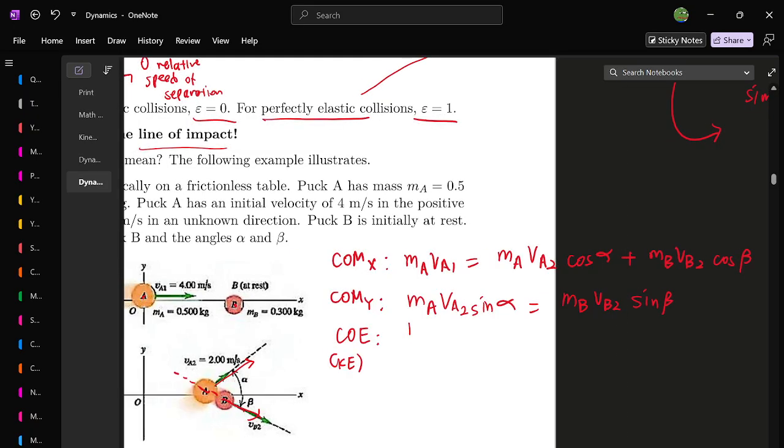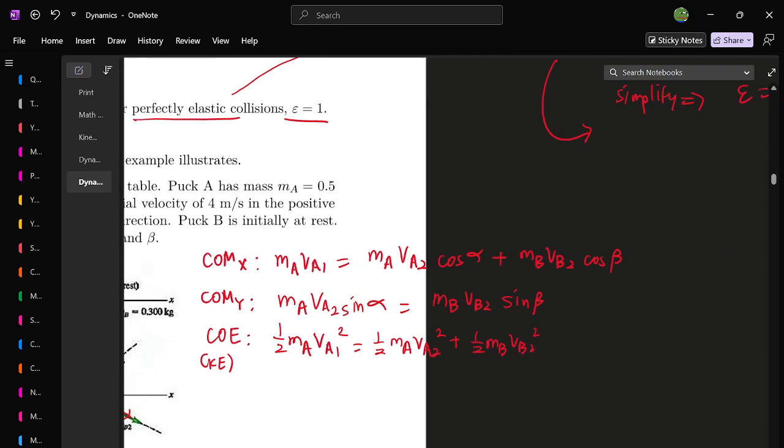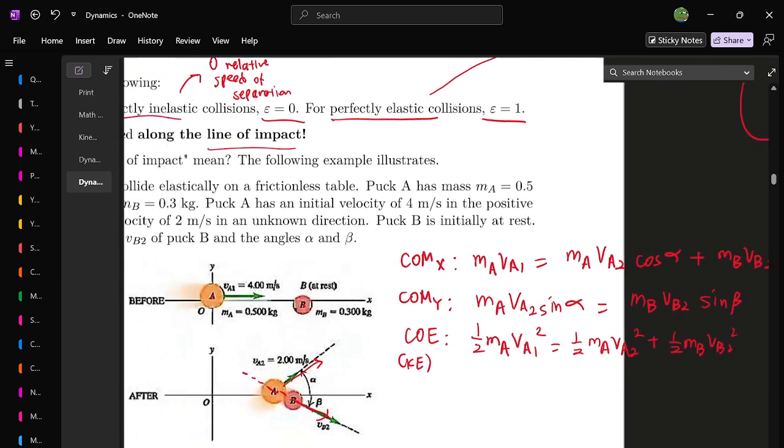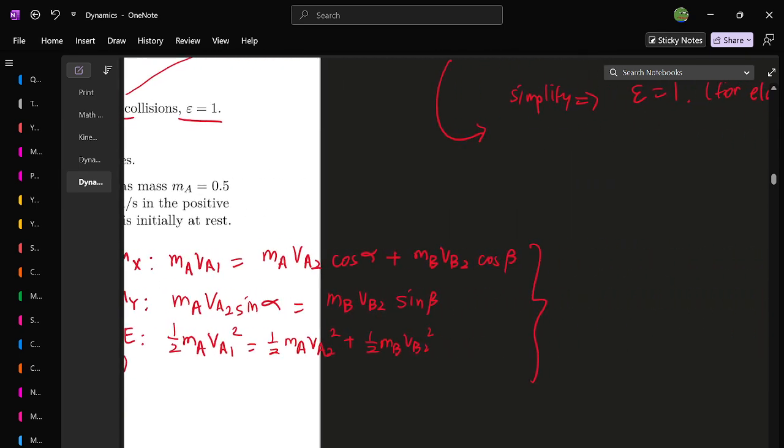So we have three equations from writing two COM equations and one COE equation, and theoretically you can solve this because you have three unknowns and three equations.